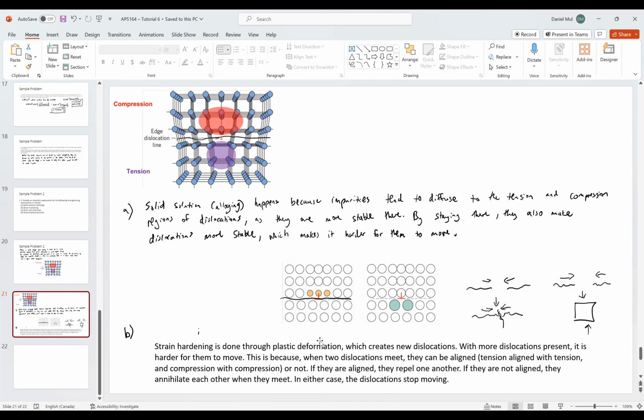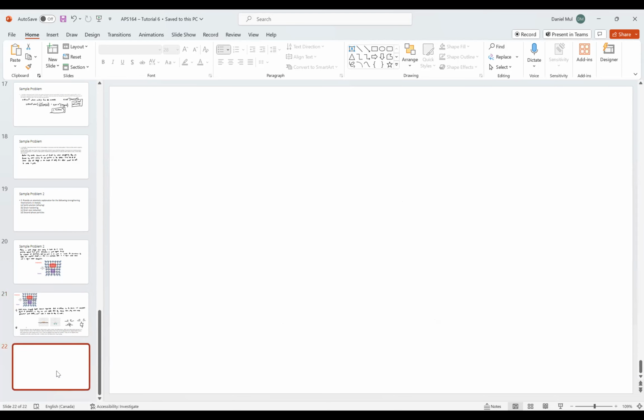Well, that's sort of what you'd get in this figure here, right? You get this area of compression and tension. Oh, okay, wait, yeah, okay, I see. Okay. Thank you for the questions.